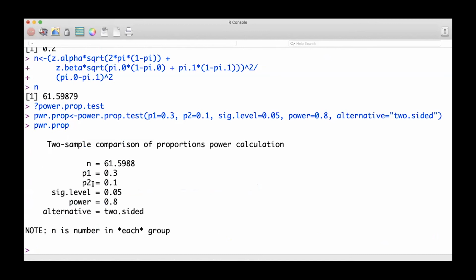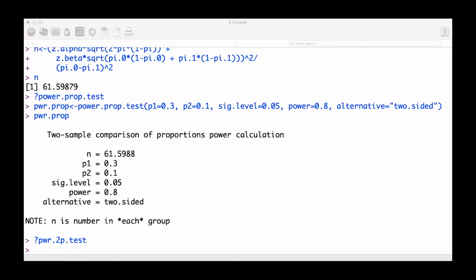Now in the pwr package, the corresponding method is called pwr.2p.test. Okay. So this is the function in the pwr package for calculating the sample size or the power for two proportions.